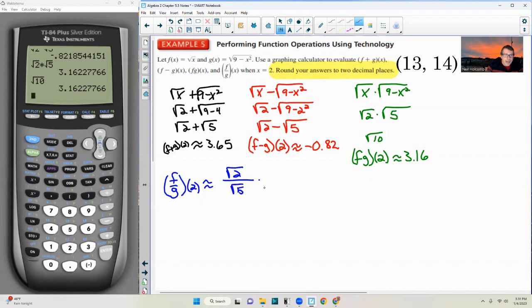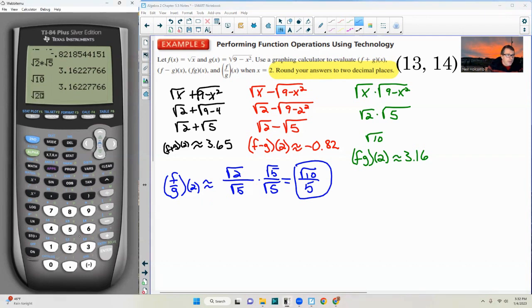Now, if I wanted to rationalize that first, let's practice that. We want to get rid of the denominator's radical. That's called rationalizing the denominator. We're going to get the square root of 2 times the square root of 5, which is the square root of 10 over 5. So this is what I'll put in my calculator. So I'll check the other one too, though. So it's the square root of 2 divided by the square root of 5.